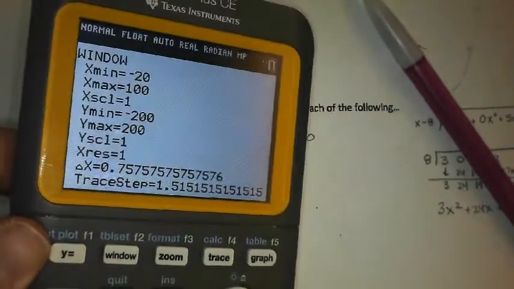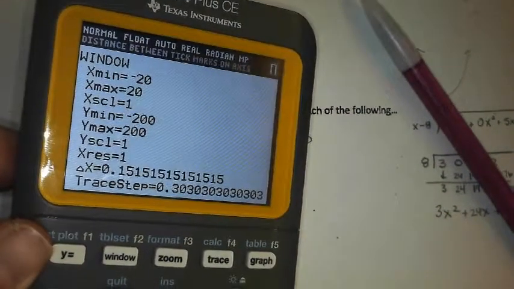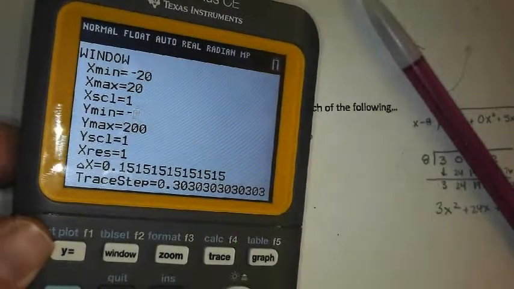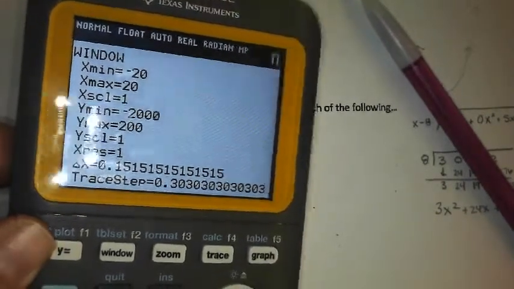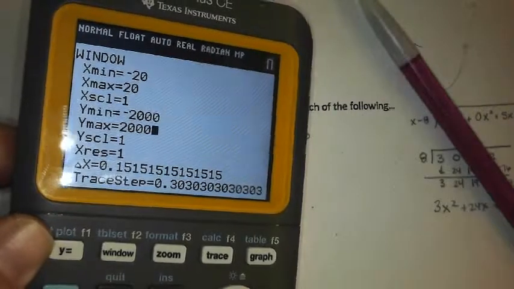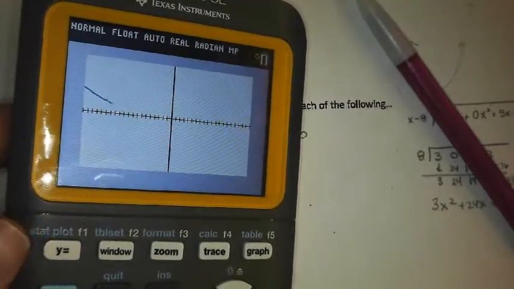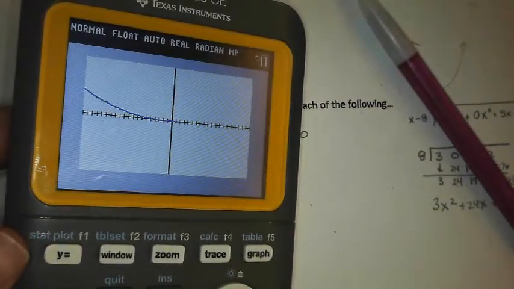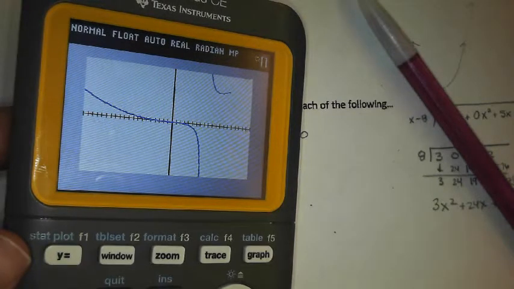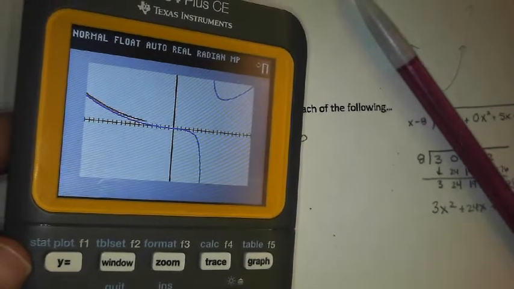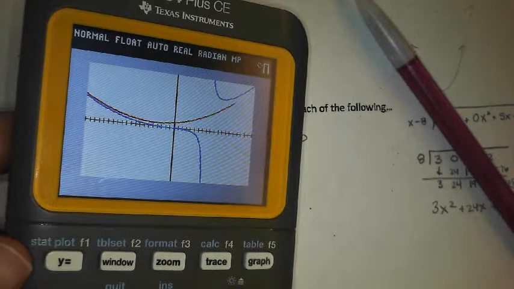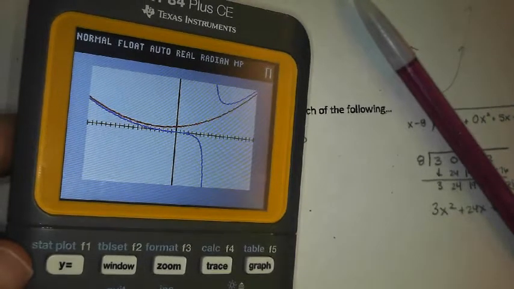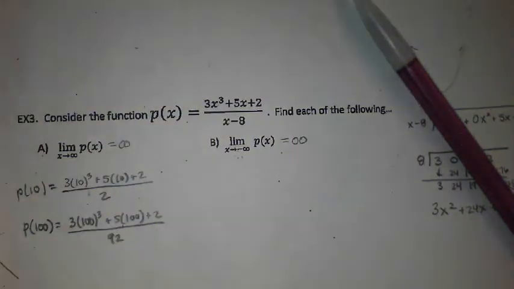So I don't think I'm going to see much of anything. I don't think I'm going to see much of anything, as far as the end behavior, until I go from like negative 2,000 to 2,000. So there is my blue function, and here comes my asymptote. You follow? Okay, so I was going to say my algebra was making a liar out of me, but it's not.